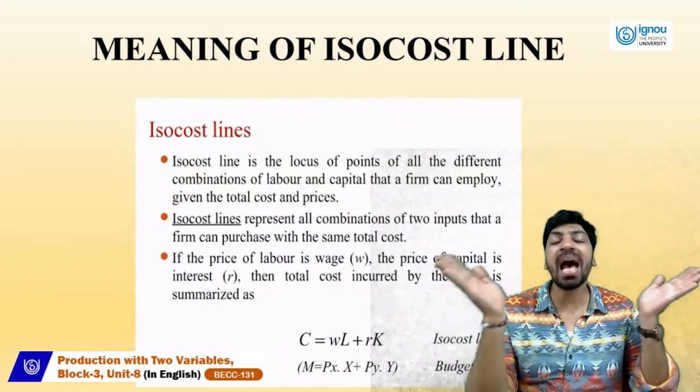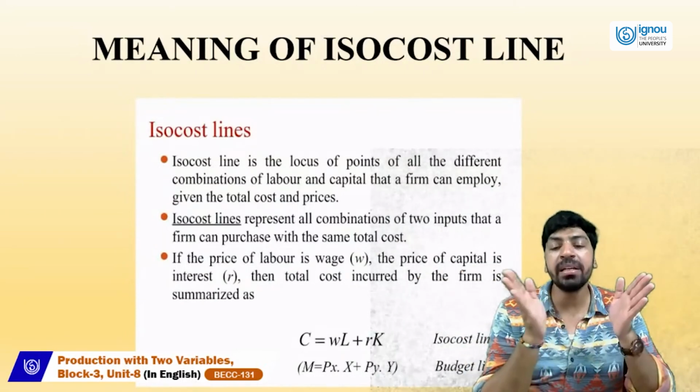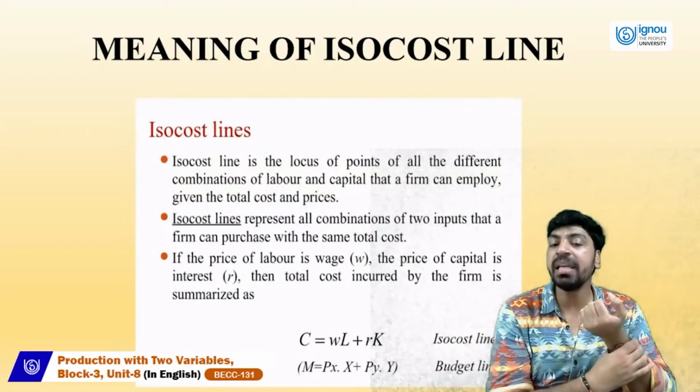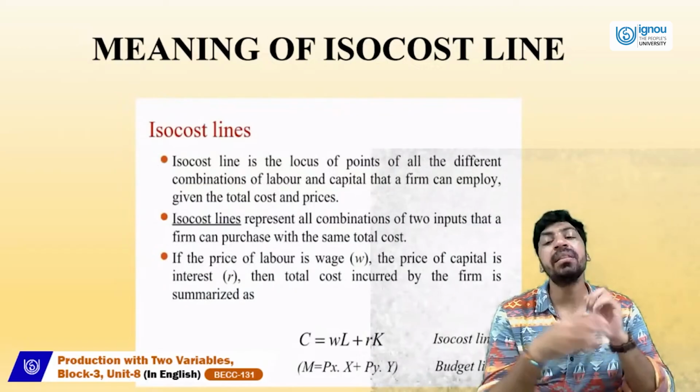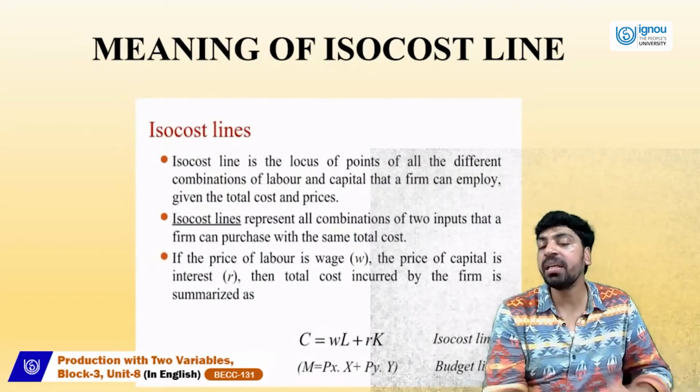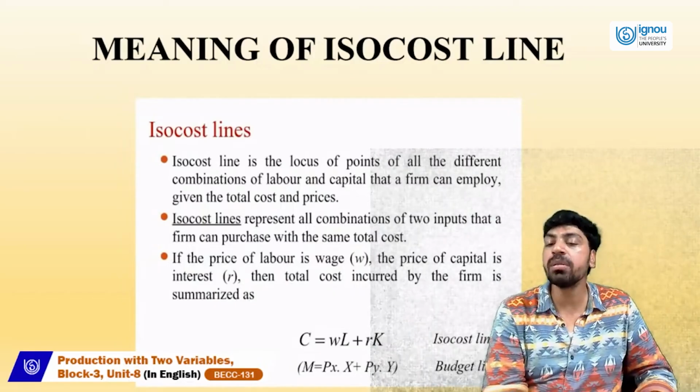So when we combine these prices and relate them to the cost by combining labor and capital, that line is called, mathematically, the equation of the isocost line.